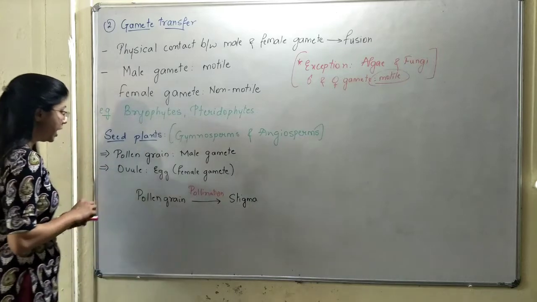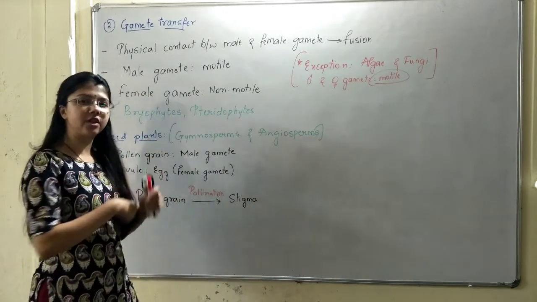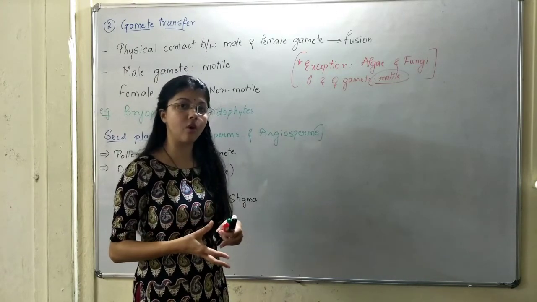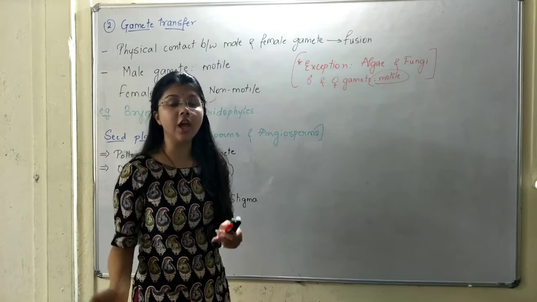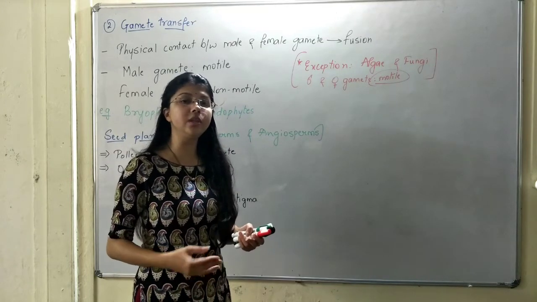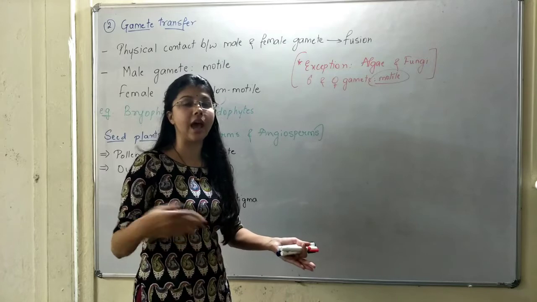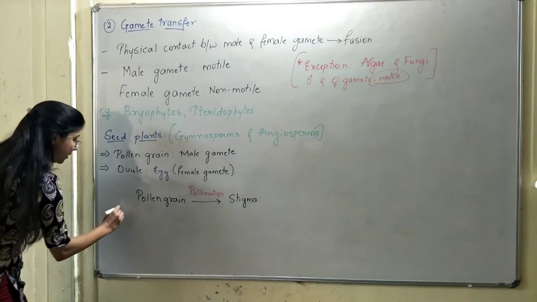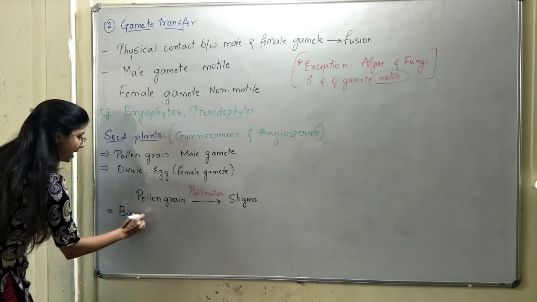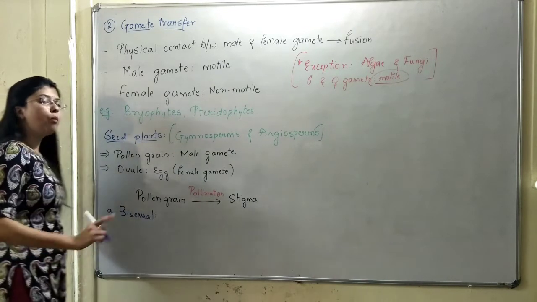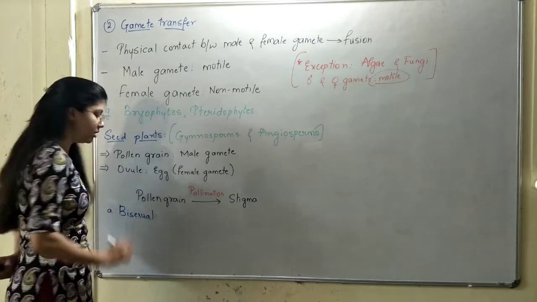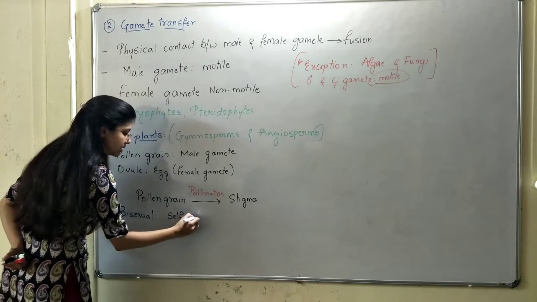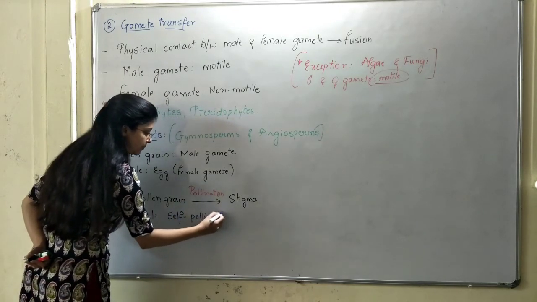Now, earlier we have studied sexuality. We studied that certain plants have both male and female reproductive organs, which are called bisexual, whereas certain plants or flowers are unisexual, that means the male flower is separate and the female flower is separate. If the plants are bisexual, that is, male and female reproductive organs are both present within the same flower, then the type of pollination taking place is called self-pollination.